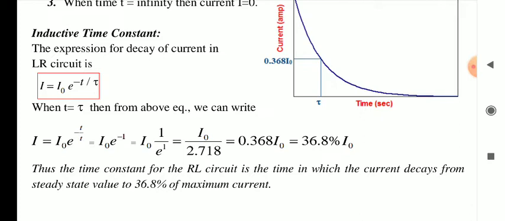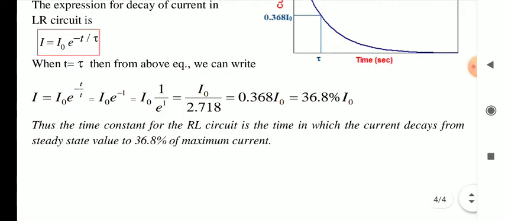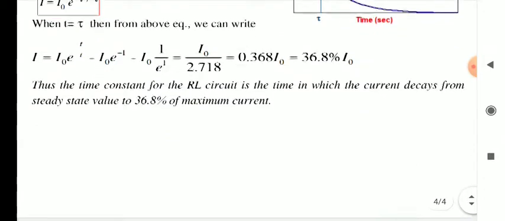That is I naught times 1 divided by e, which is I naught divided by 2.718, or 0.368 times I naught, or 36.8 percent of I naught.